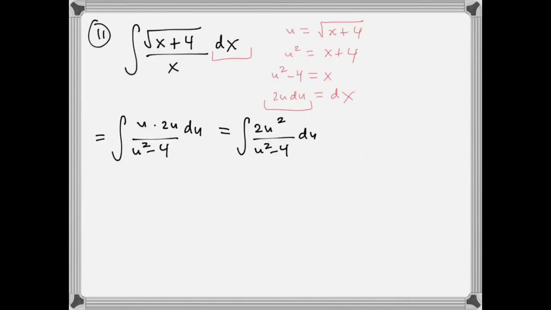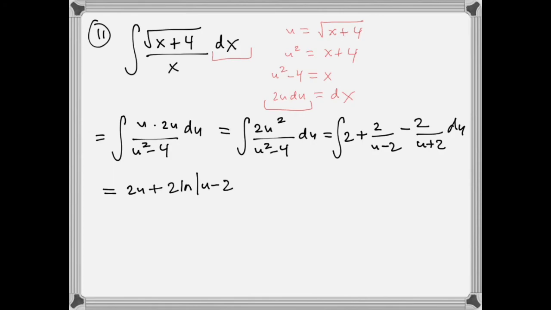So we have 2 plus 2 over u minus 2 minus 2 over u plus 2 du. So we can actually integrate this right off the bat, can't we? This is just going to be 2u plus 2 ln of u minus 2 minus 2 ln of u plus 2 plus c.